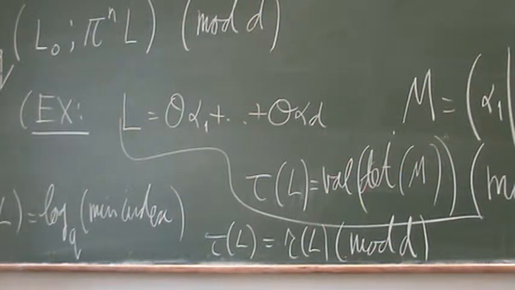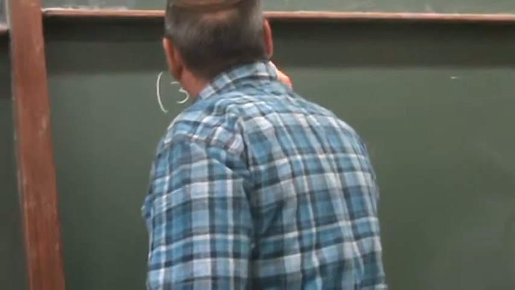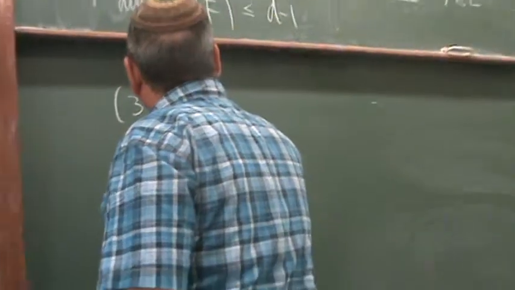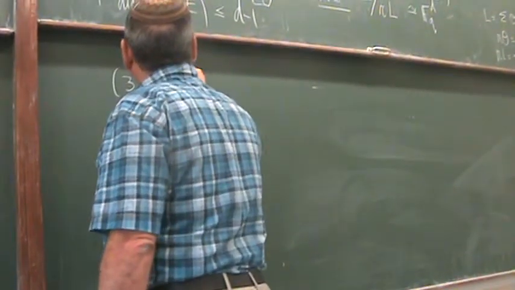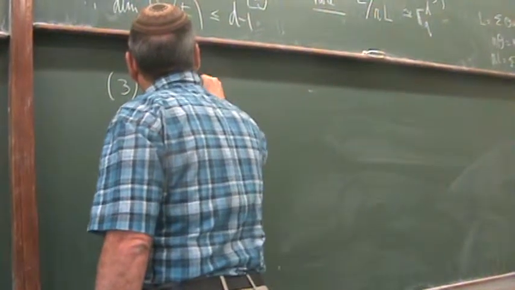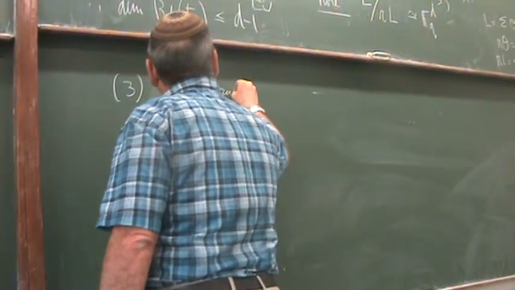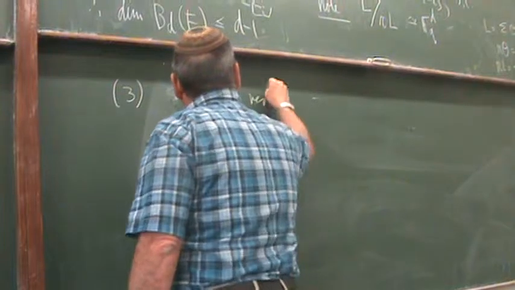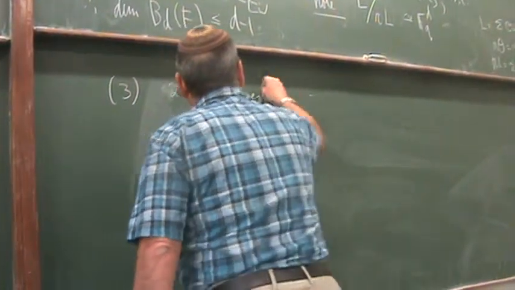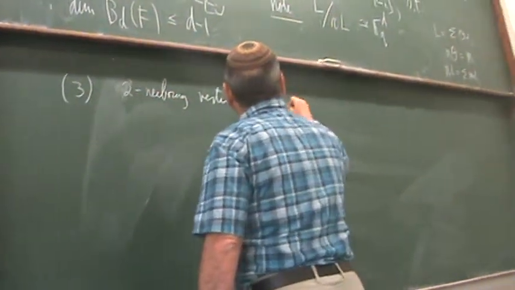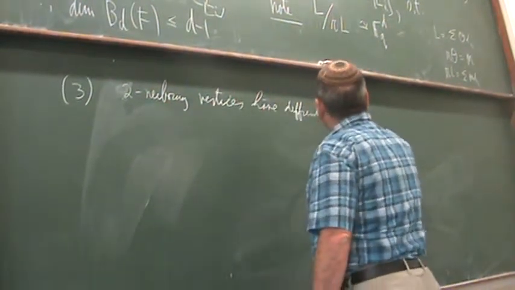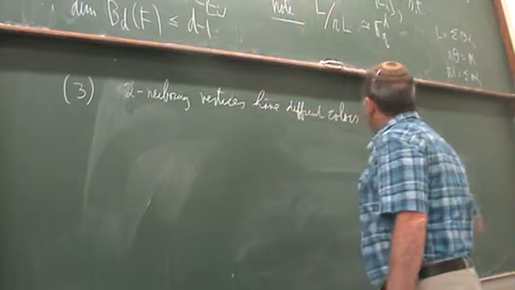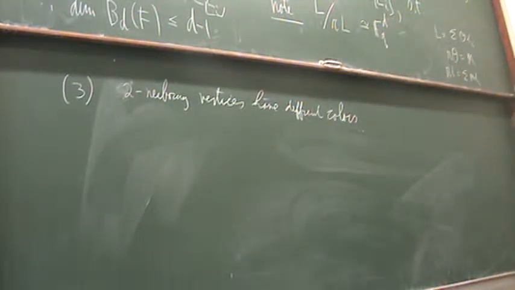Okay. I want to say that two neighboring vertices have different colors. And this is basically clear.